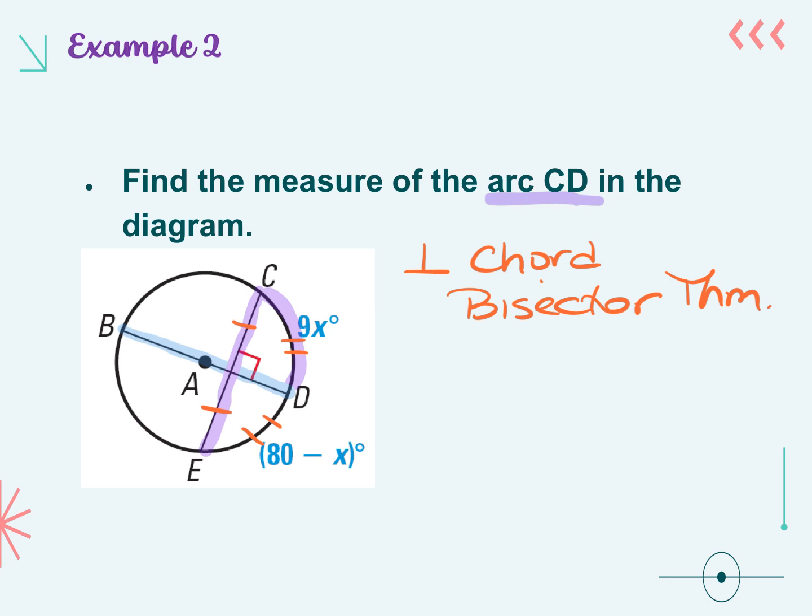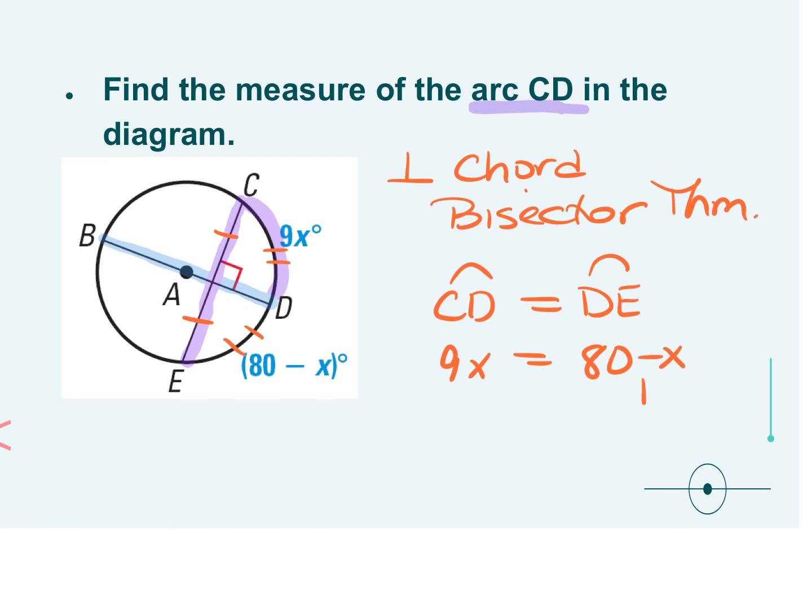So in order to find the value of x, I'm going to set arc CD equal to arc DE, find x, and then plug it back in. So CD is 9x. DE is 80 minus x. Going to add x to both sides.